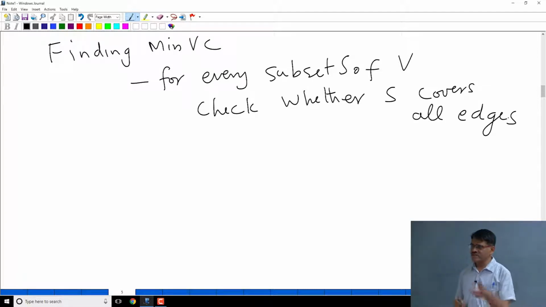How do you check whether S covers all edges? Run through all edges, check their endpoints and see if they intersect S.